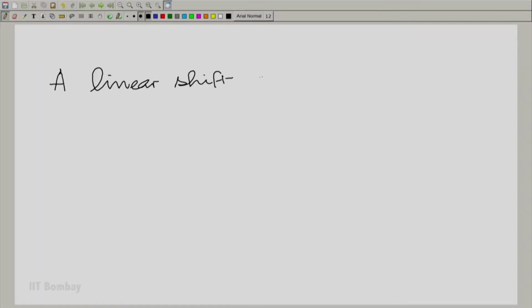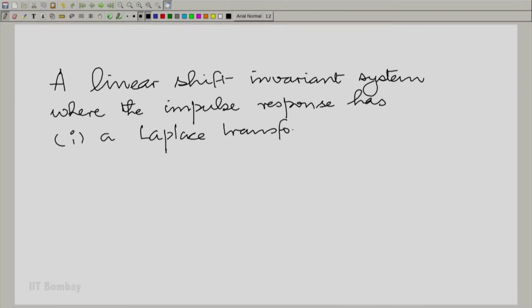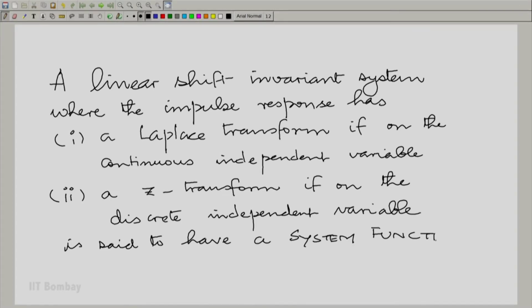So, a linear shift invariant system where the impulse response has a Laplace transform if on the continuous independent variable and has a Z transform if on the discrete independent variable is said to have a system function.